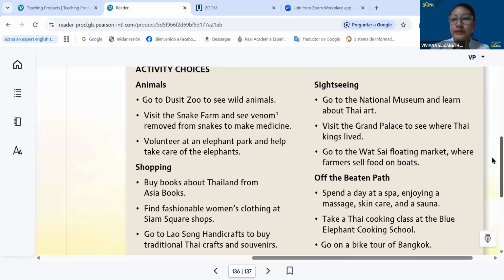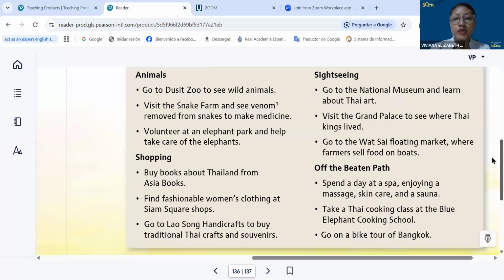First, you are going to copy this chart. I'm going to assign you in groups, but first I'm explaining the activities you will do. You are going to copy this chart with the list of activities and classify which of them, according to your group, are more interesting and less interesting.